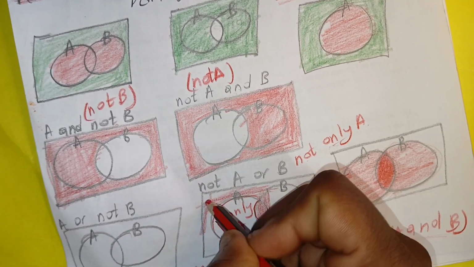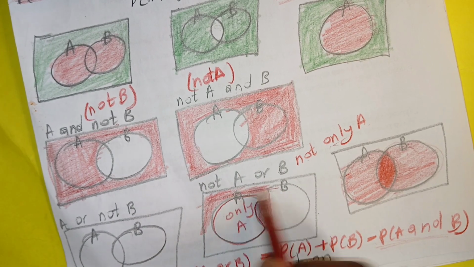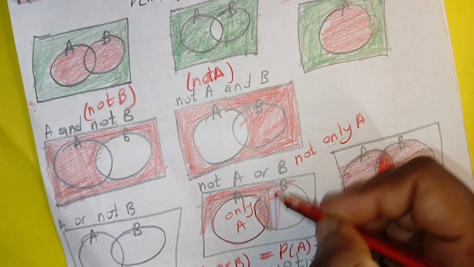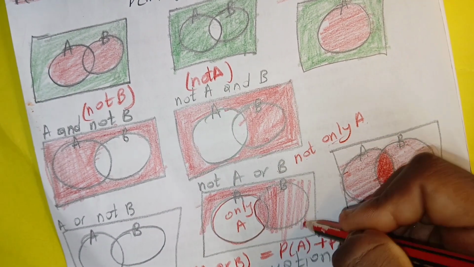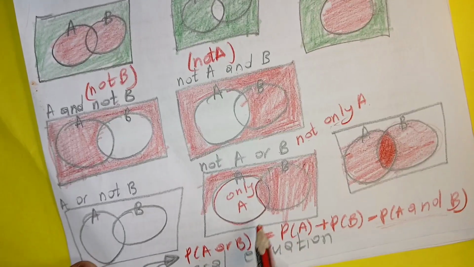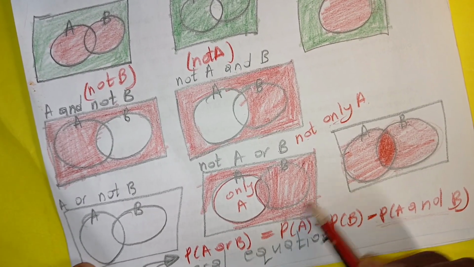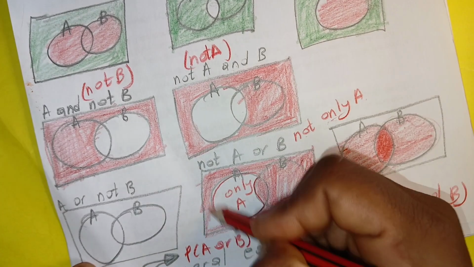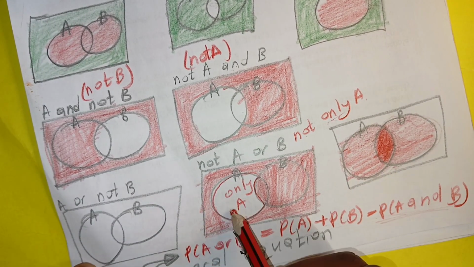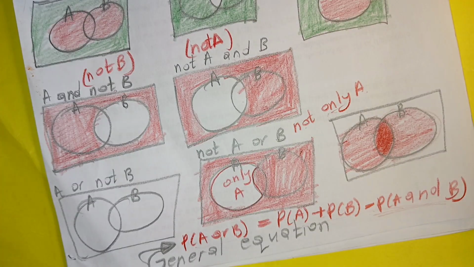We include the intersection, meaning that not or, we include the intersection, but not and, we don't include the intersection. Do you see? Here we include the intersection. As you can see, the intersection I included, but I didn't include A only. I include everything. Do you see?